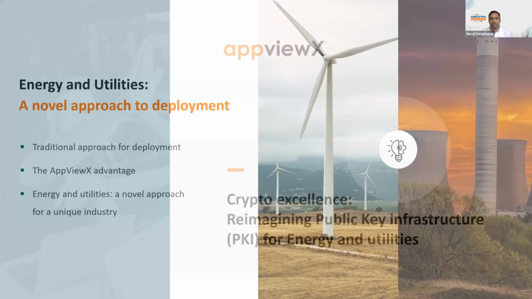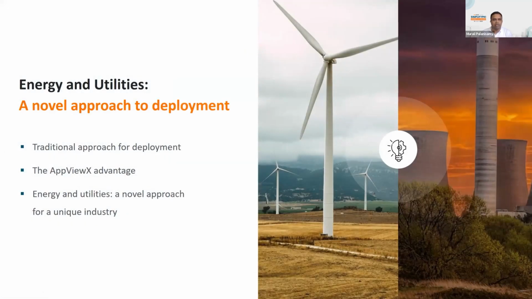And more importantly, let's look at the traditional approach, the normal deployments that have been there as an option for a typical enterprise. Typically there was a centralized deployment model. So we will look at how AppViewX changes that a little bit, where you have a hybrid model, where there is a central control, but at the same time you have that segmented approach as well.